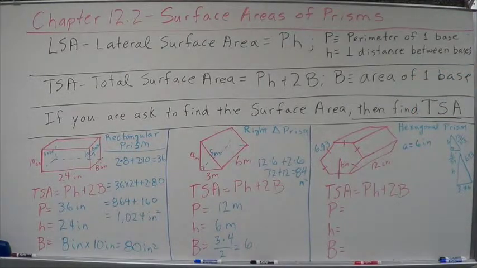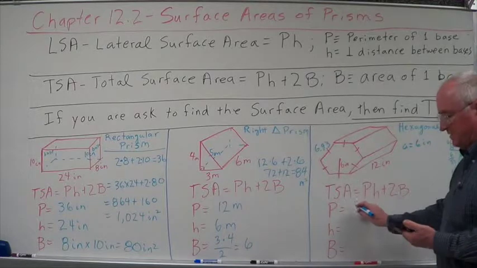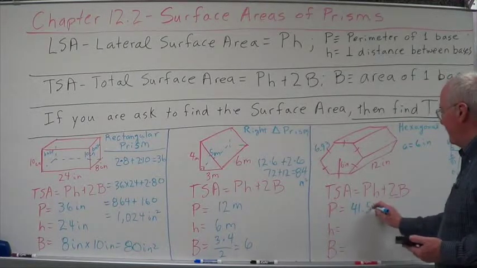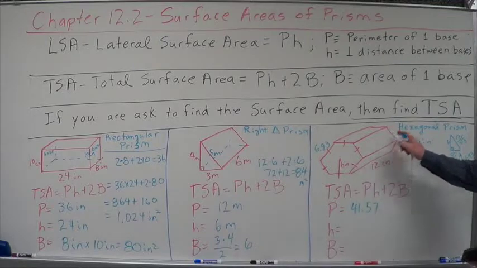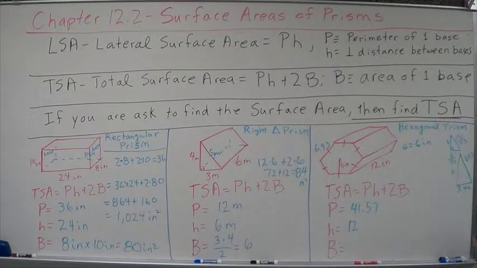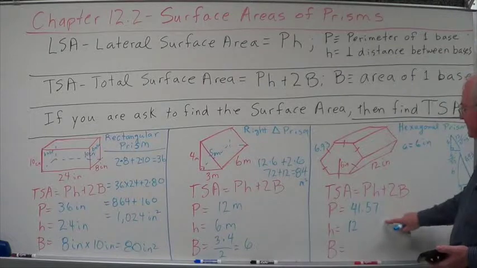Okay, how many sides do I have? I have 6. So what's my big P? 6 times 6.93 is 41.57. What's our height? Ooh, let's get to something simple. The height is the distance between the two hexagons. That's simply 12. What's the area of the base? Well, let me see.